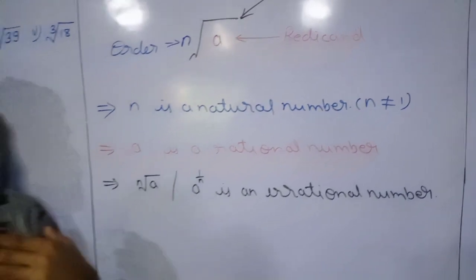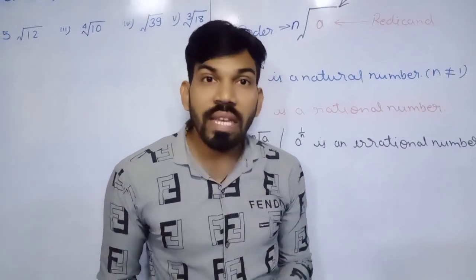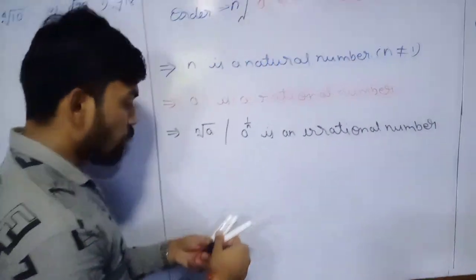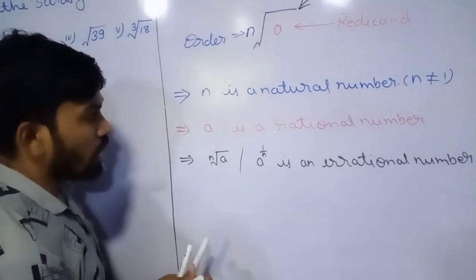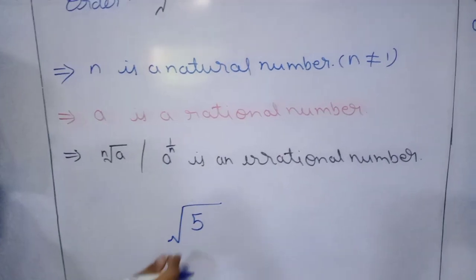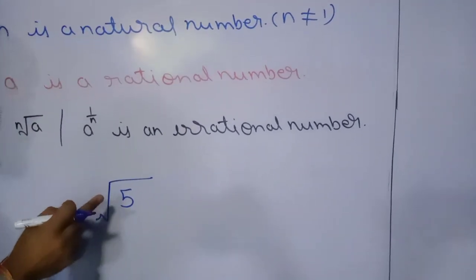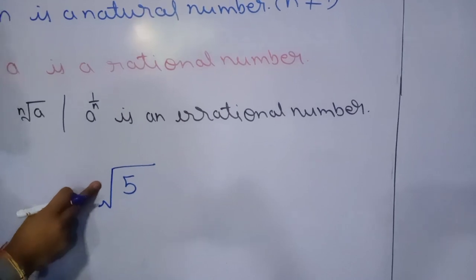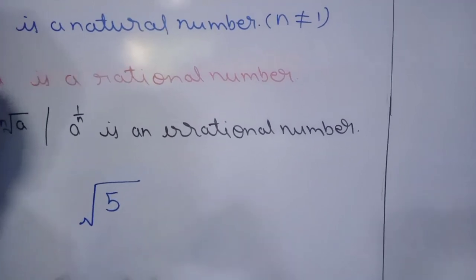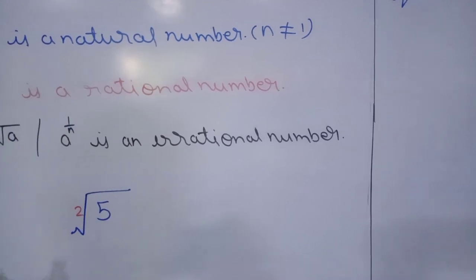So, in our local language, for our understanding, for example, if we have root 5, here we don't have any order. If there is no order visible, that means the order is 2, which is called a quadratic surd.